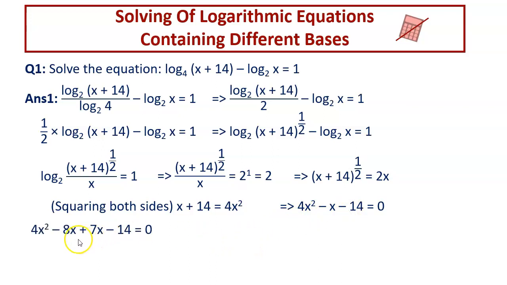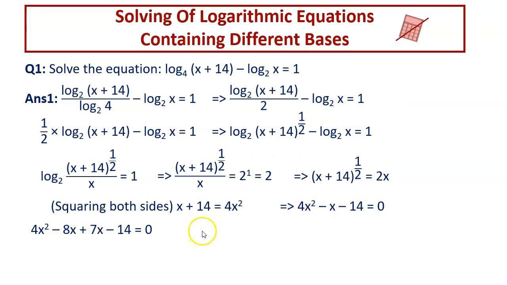It will be 4x square minus 8x plus 7x minus 14 equal to 0, because the product is 4 times negative 14, that is negative 56, and you have to get two numbers from that negative 56, which when added together will be giving us negative x. So the two numbers that should be taken are negative 8 and 7. Negative 8 times 7 is negative 56, and negative 8 plus 7 is negative 1.